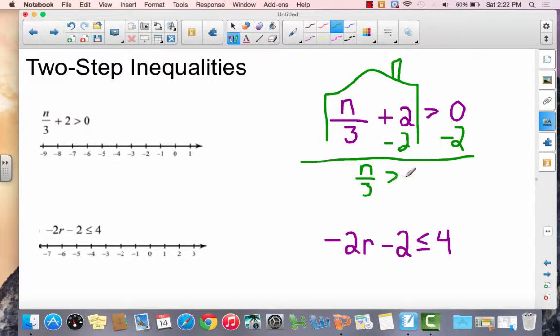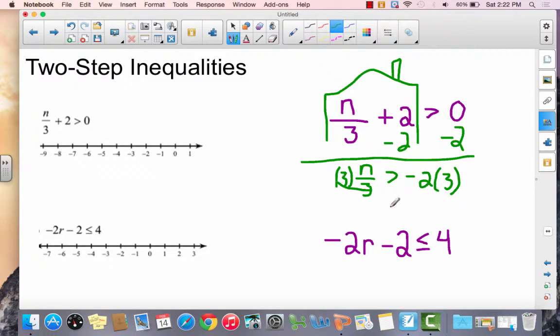Since n is not by itself yet, I know that I'm not finished. The opposite of division is multiplication, so I multiply by 3. And I'm going to think to myself, am I multiplying by a negative number? Because I know if I am, then I have a special step. But that 3 that I just multiplied by is positive, so I don't have to worry about flipping my sign.